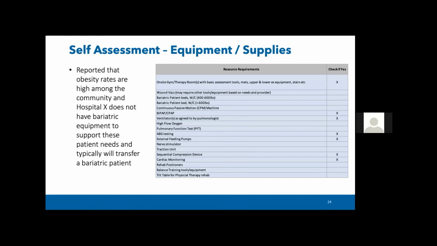And they actually say that they transfer any of their bariatric patients. So, is there an opportunity to really reconsider, if we have those patients that don't want to leave their community, how do we support their needs and keep them local?